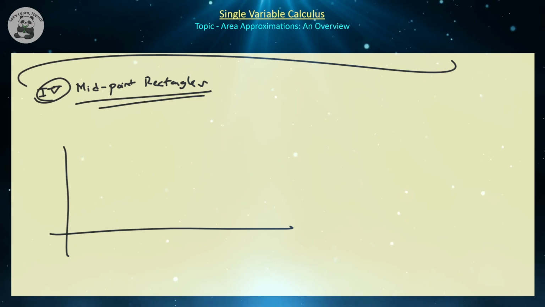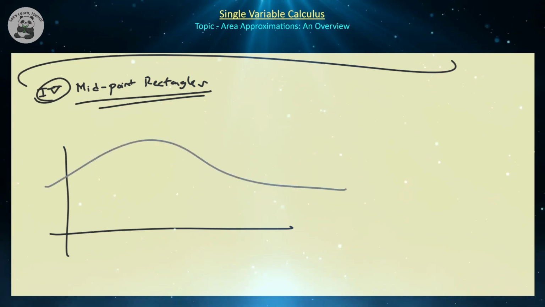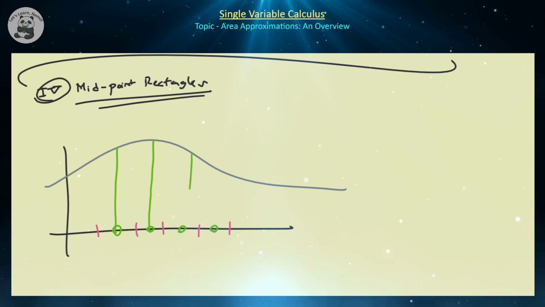So let's assume this is our function. This is our interval. Let's assume that we break it up into 4 pieces. So what we're going to do is grab the midpoint of each of these intervals and send that up, and that's going to dictate the height of our rectangles on those intervals.